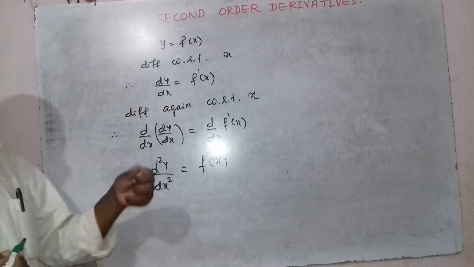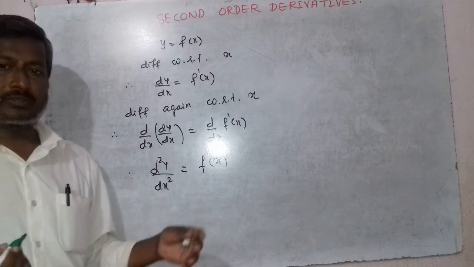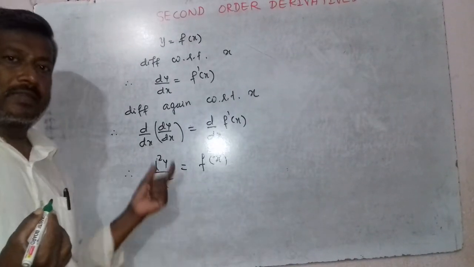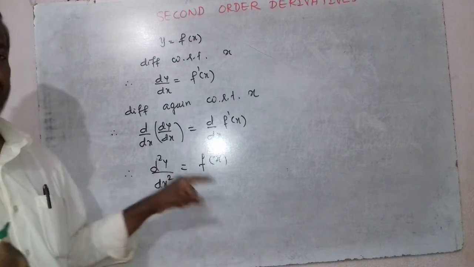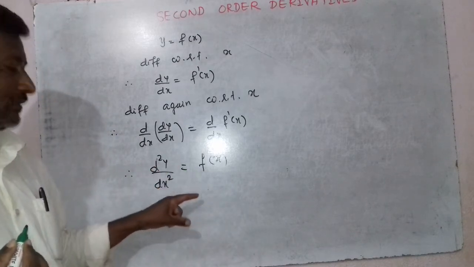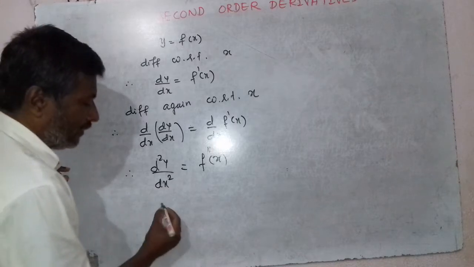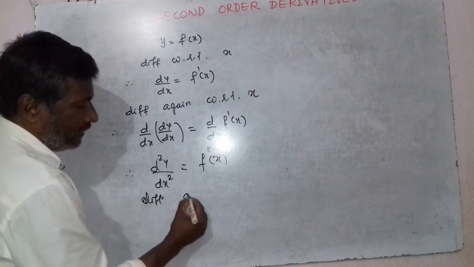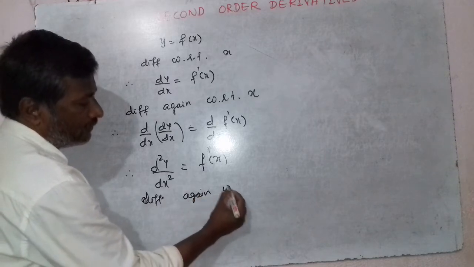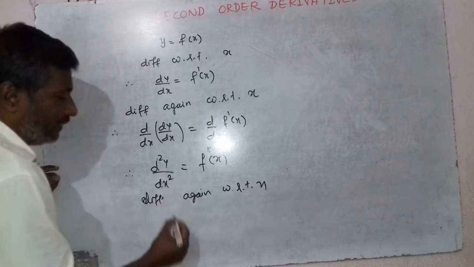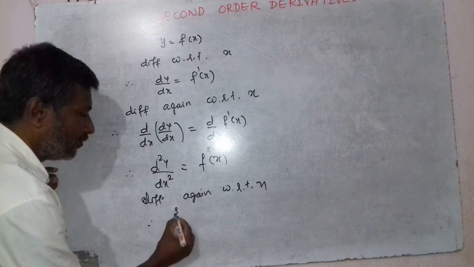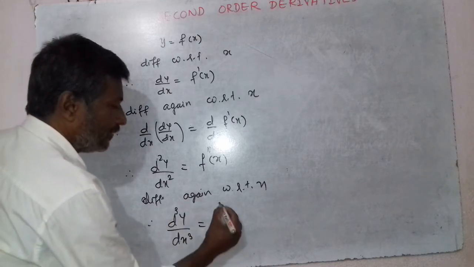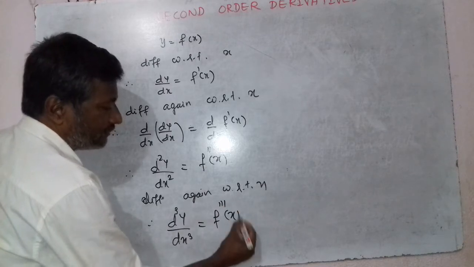If we differentiate like this, we get third order, fourth order. If we differentiate this once again, we will get the third order, that is d cube y by dx cube. Differentiating again with respect to x, we get d cube y upon dx cube equal to f triple dash x.